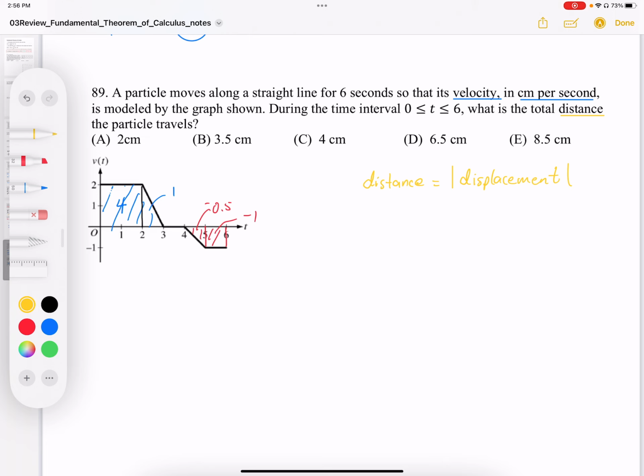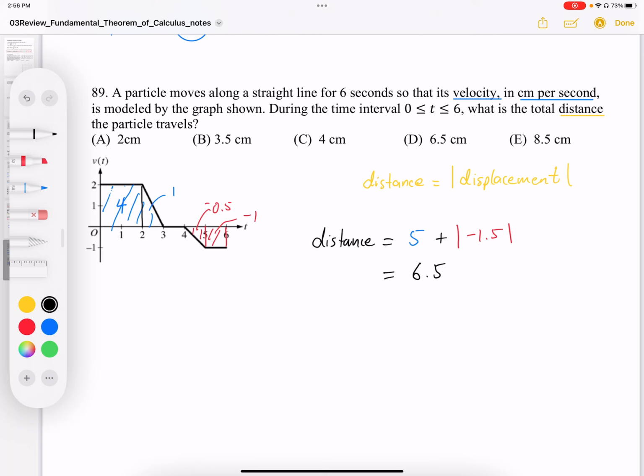So my distance is going to be equal to the area of 5, plus that area underneath the curve, which is negative 1.5, but we want the distance, so we're going to make that positive. So the distance traveled is going to be 6.5.